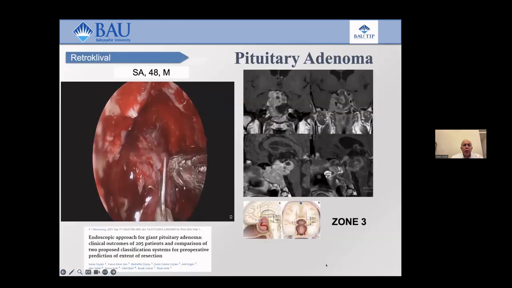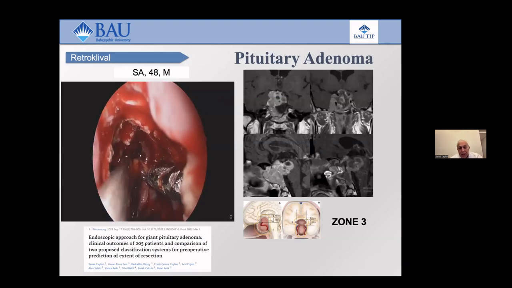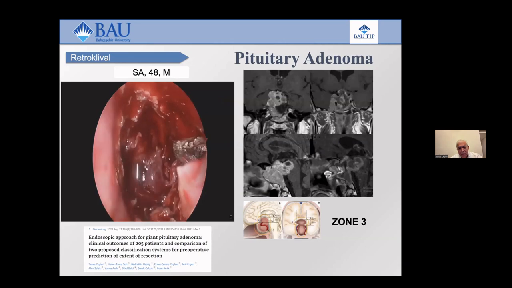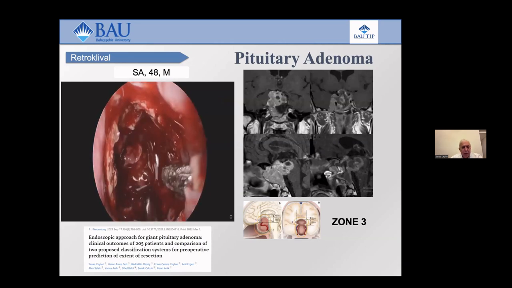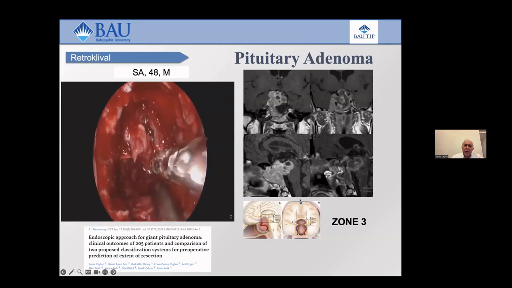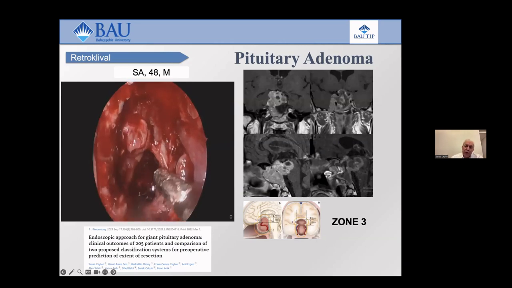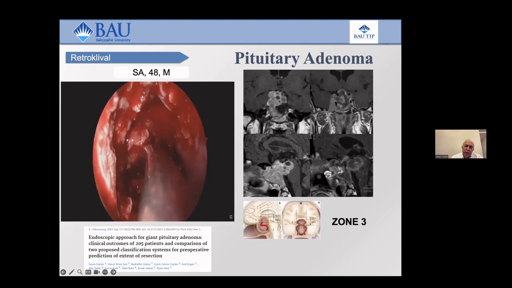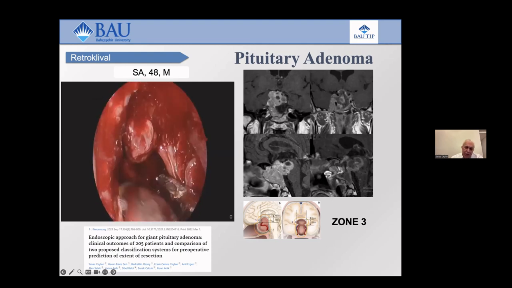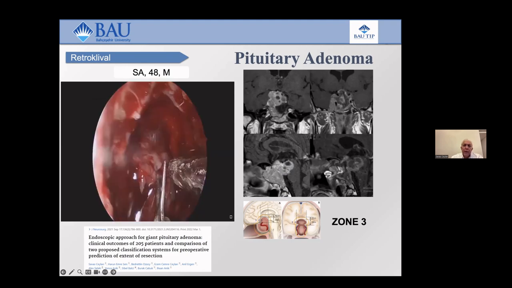The other pathologies: pituitary adenomas. Some huge giant adenomas extend to the craniocervical junction and odontoid tip. This tumor extended to the lower clivus, and also to the prepontine area and retroclival area, and this tumor was removed near totally.